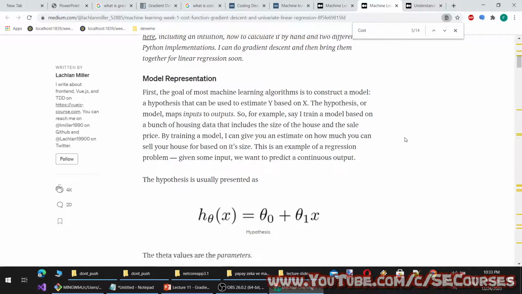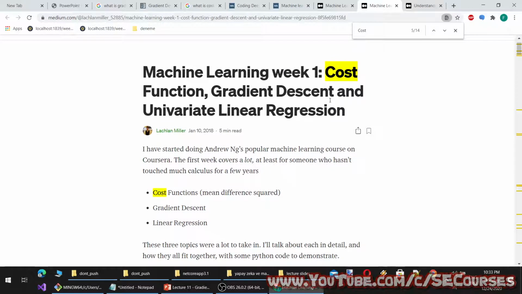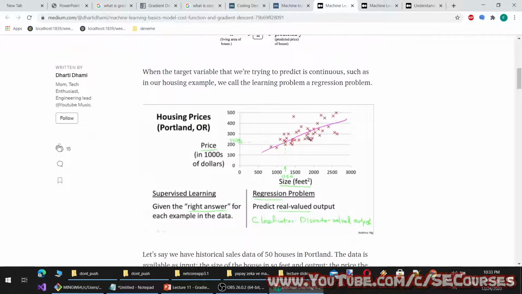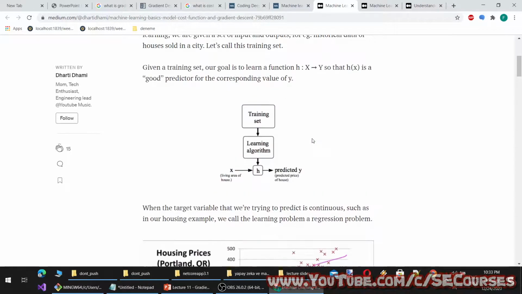Okay, let's read this one as well because I think this is another good article that explains it better.